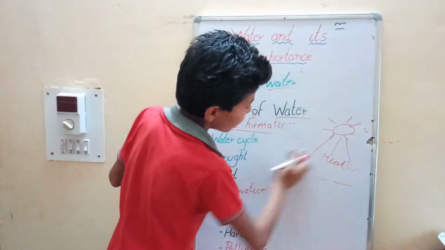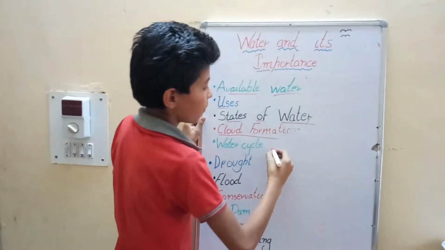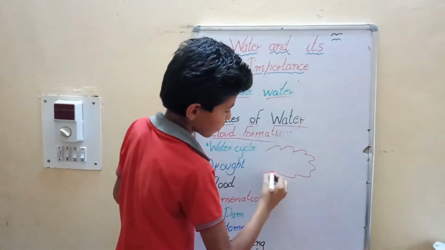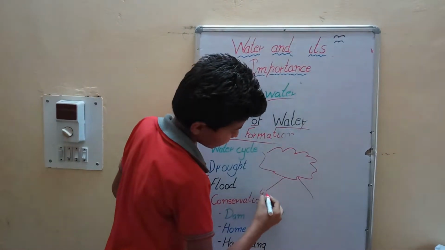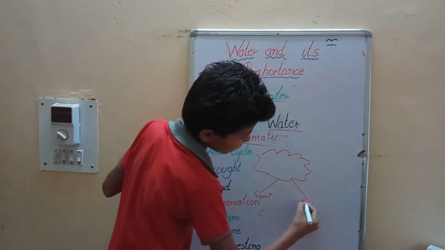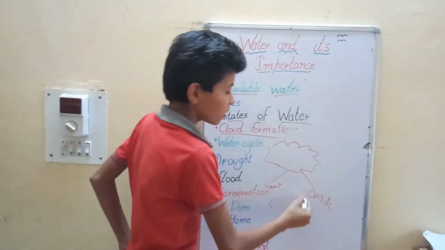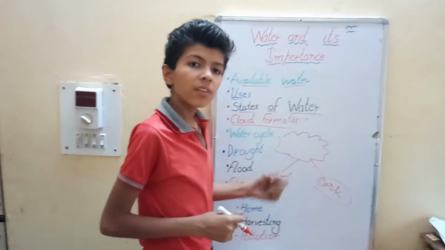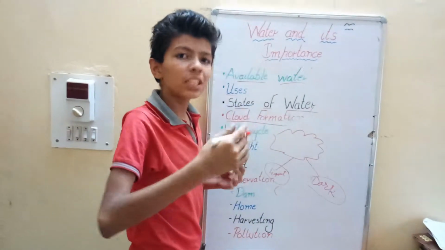Now clouds are of two types. One is light and one is dark. A dark cloud indicates rainy weather, and light clouds, as you can see, are normal.